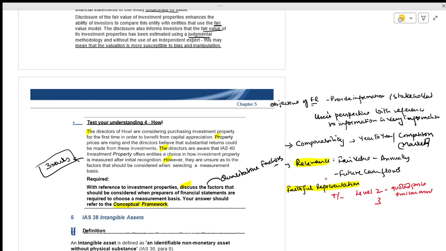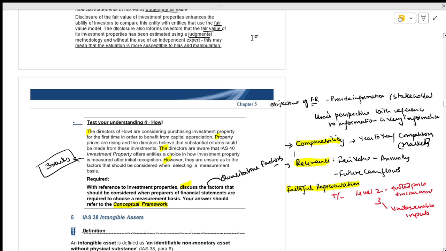When you are talking about Level 3, we have to take into consideration unobservable inputs. This happens when we are making an assessment. It is nothing like 100%. There will be a margin of error, but the margin of error should be as minimum as possible.